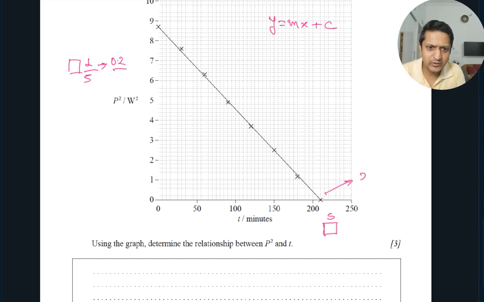So this would be 220, not 220, 210. So it is 210 because this one box is 5 and the other box is 5. So 210 comma 0, and this will be 0 comma, so it will be here.